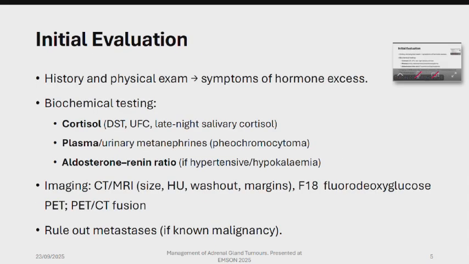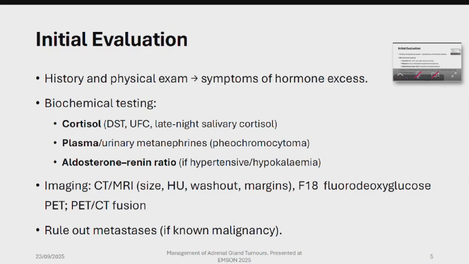So how do we evaluate this patient? A very good history is very important. Then we need to actually examine the patient for signs of hormone excess. Now, biochemical testing will be very, very important. Cortisol, and we all know how to evaluate a patient who we suspect will have excess cortisol production: dexamethasone suppression test, urinary free cortisol, or the late night salivary cortisol.